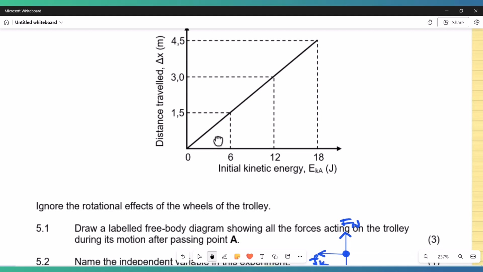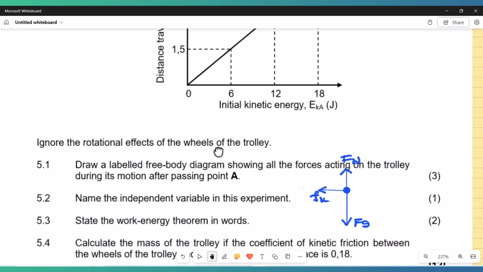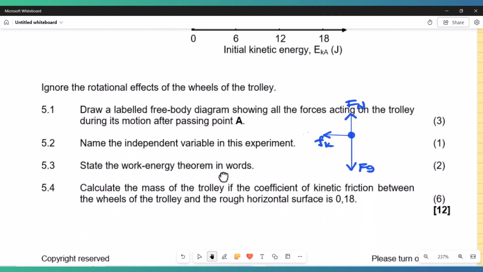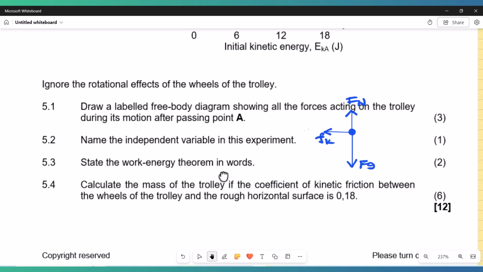Because by definition, the independent variable is a physical quantity which the experimenter changes. So here our IV is the initial kinetic energies.